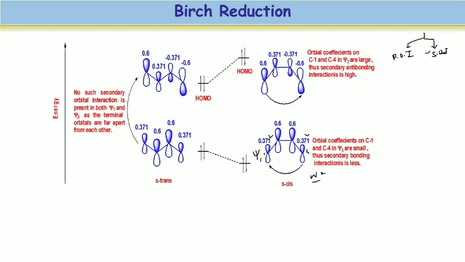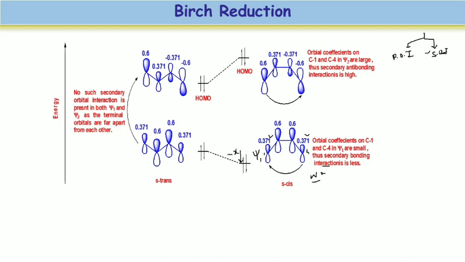As the secondary bonding interaction is happening, this will basically lower the energy of psi 1. Let's suppose the energy is decreased by minus x.